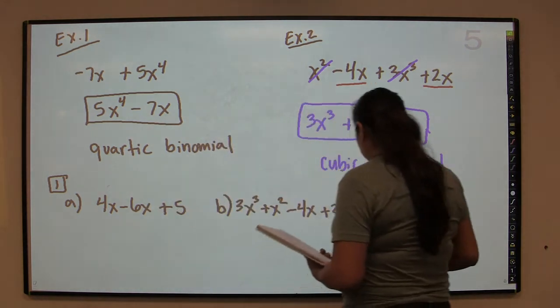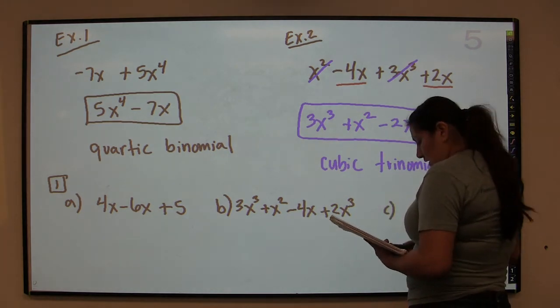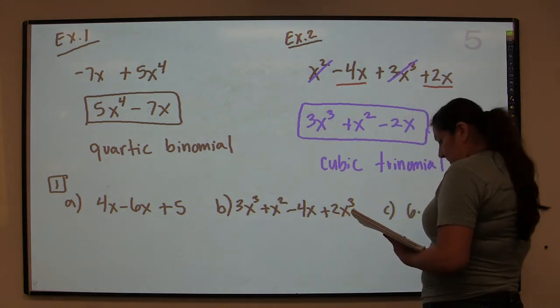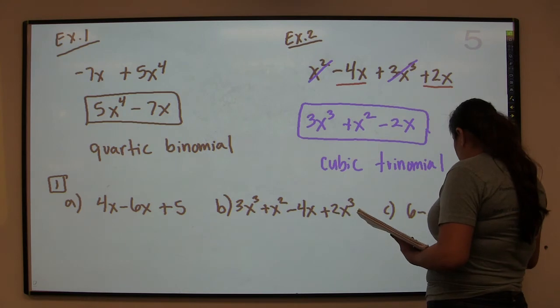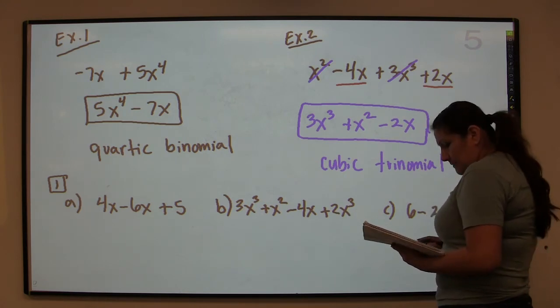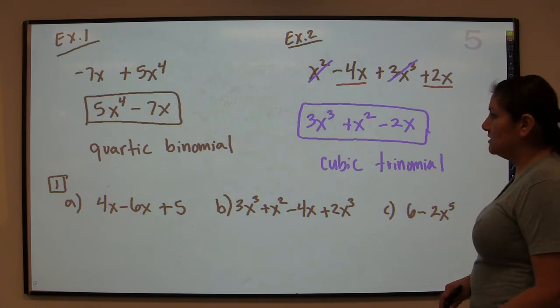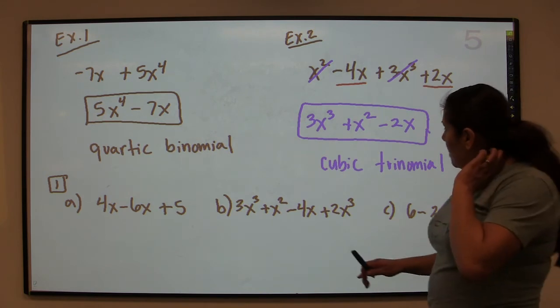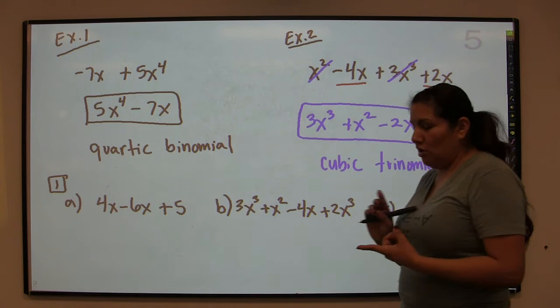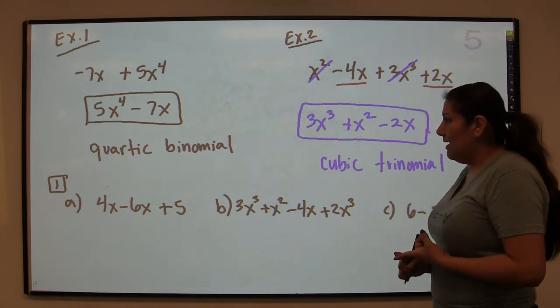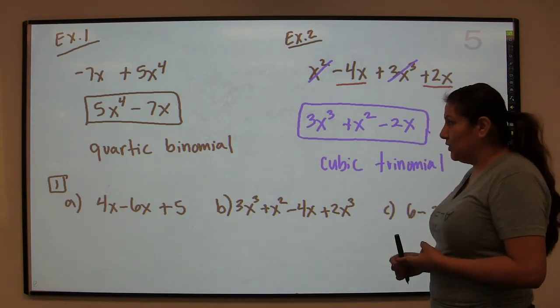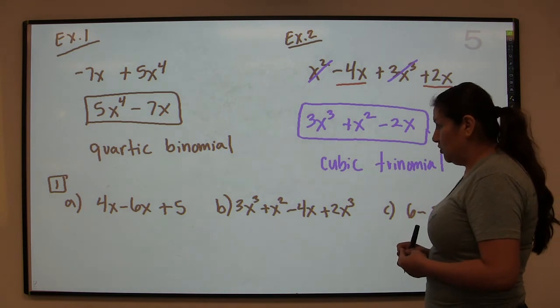That's B. And C is going to be 6 minus 2x to the 5th power. Okay? So those are 3 examples for you to complete in your notes. Again, please remember to make sure that they are in standard form and that you have named them by degree and also by number of terms.